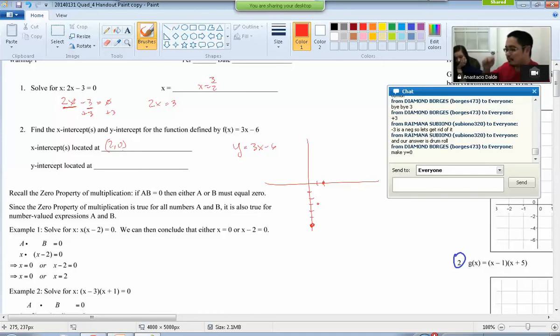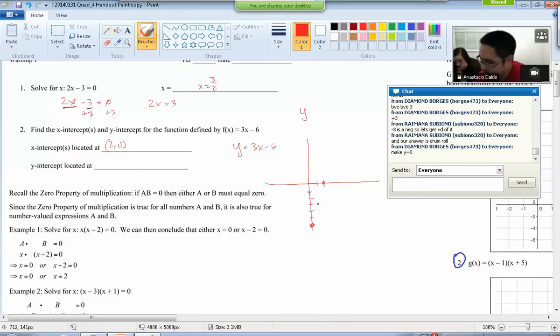Now, what Diamond is suggesting, and what you kind of came to the conclusion of, is that for the x-intercept, what do you know about it? Do you know that y equals 0? Wherever it crosses, y equals 0. x could be anything, but y equals 0 guaranteed. Remember that f of x is the same as y.